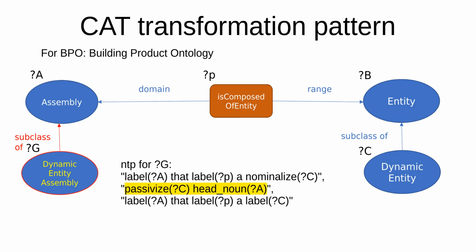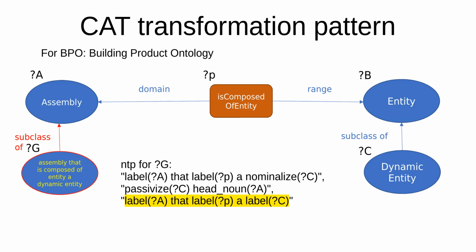Maybe it sounds better, but actually it's not passivized because it was working on dynamic entity and it was just the default, probably. The head noun of A is again assembly, but it could be better than the first one, and the last one is very similar to the first one.